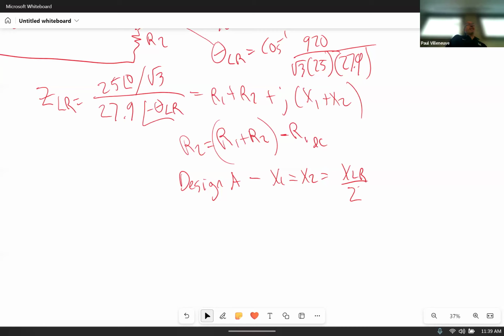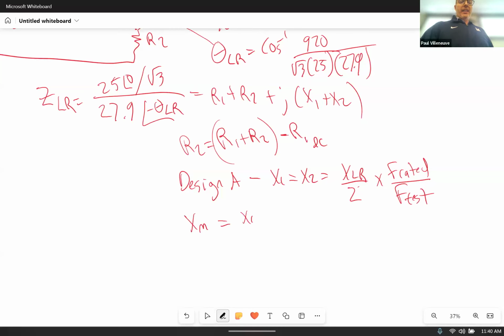We need to correct that to 60 hertz. So we need to multiply that by our rated frequency over our test frequency, because again, it's frequency dependent. Next step, XM is equal to X1 plus XM, minus the X1 we just calculated.